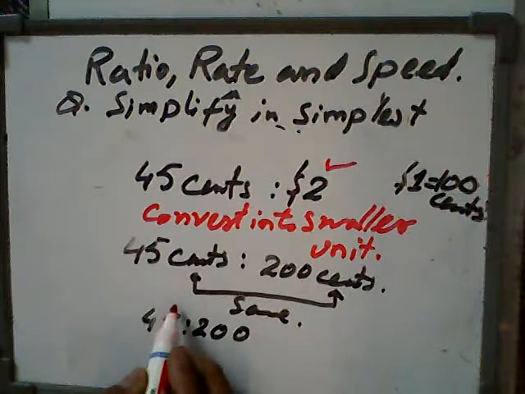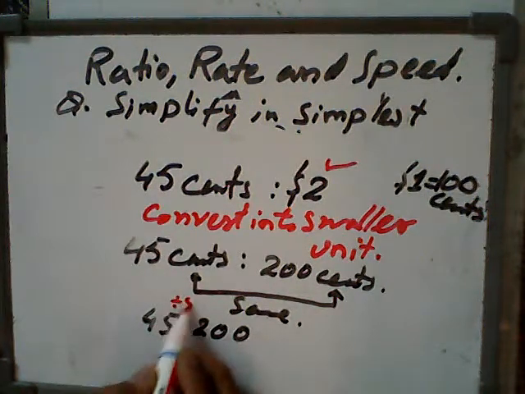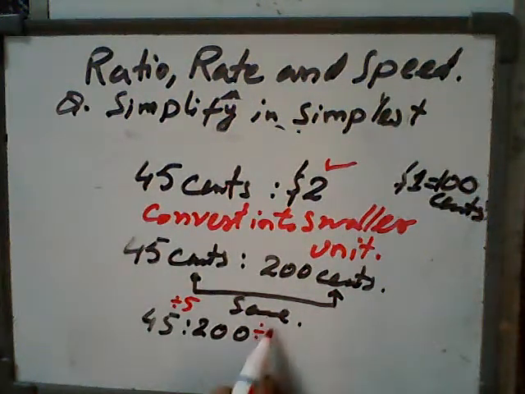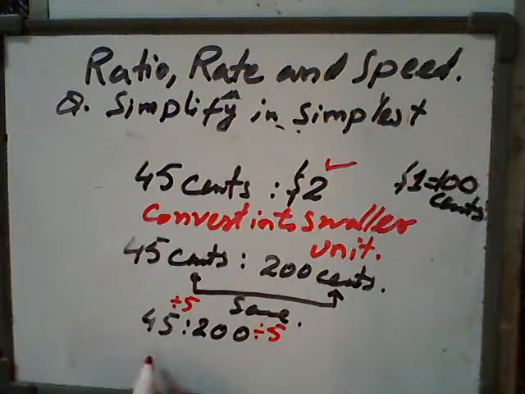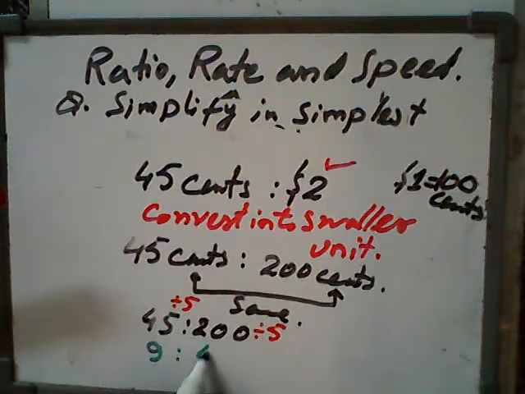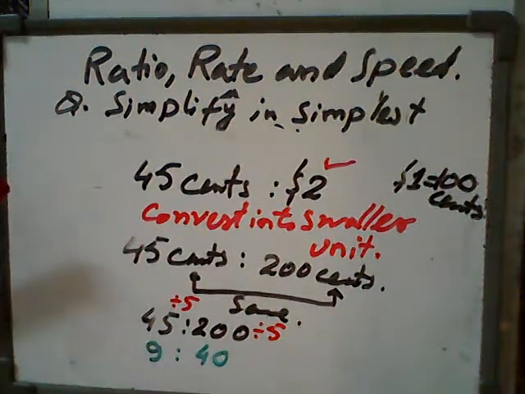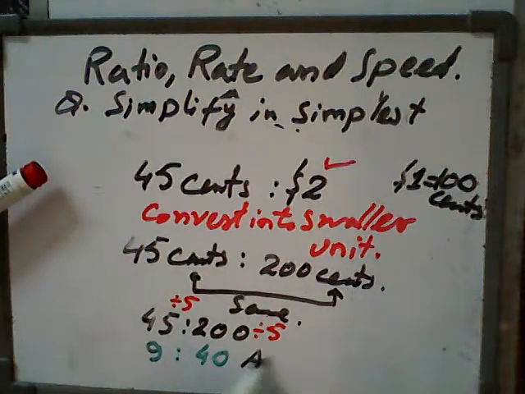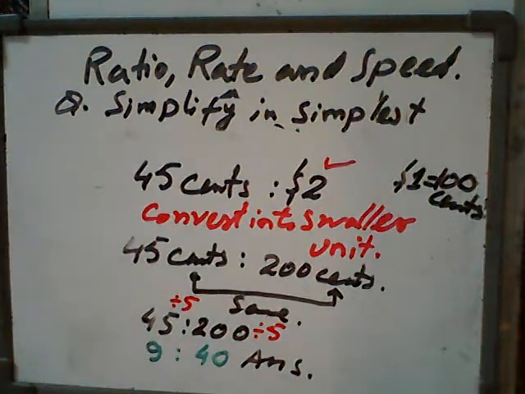We'll be dividing both by 5. It could be simplified with the table of 5. So it will become 9, and the other will become 40. So 9 ratio 40 could not be simplified further. So this is your final answer in simplified form.